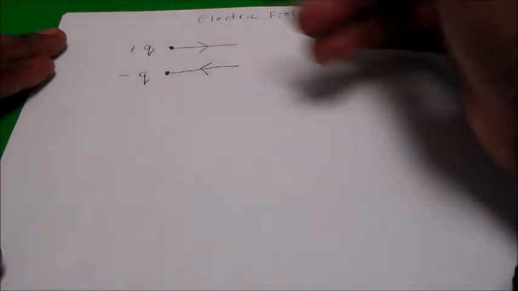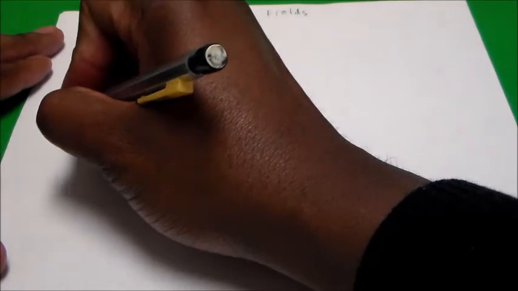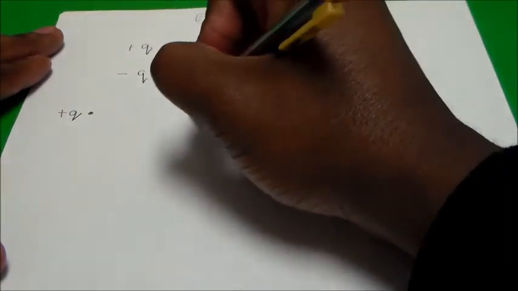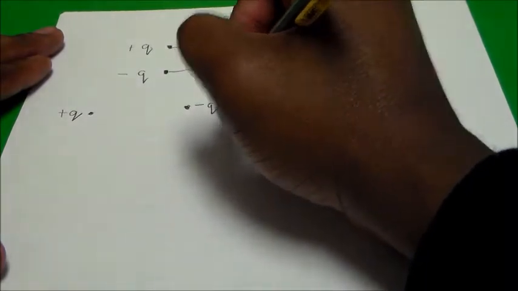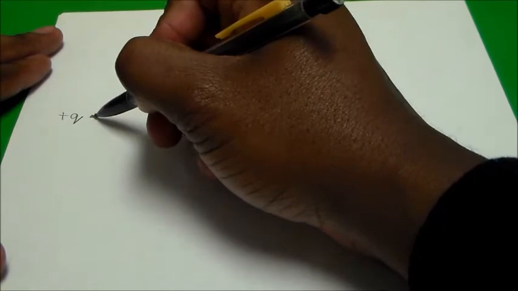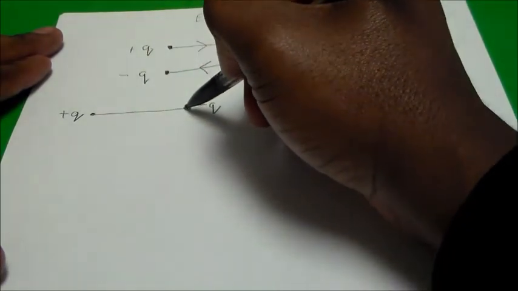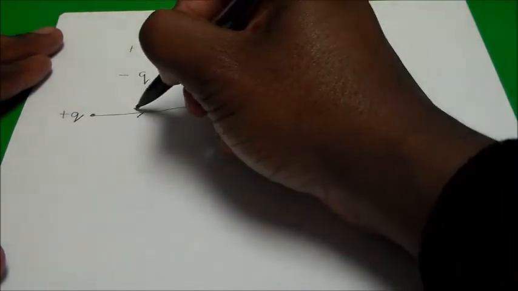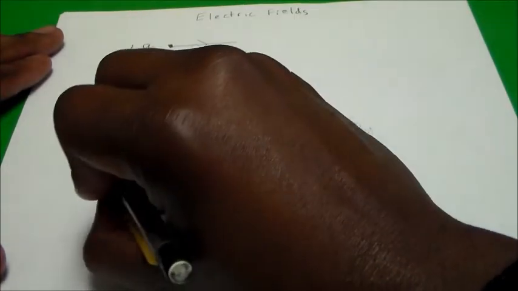If we have two different charges, let's say a positive Q charge and a negative Q charge, there would be field lines that go from the positive charge over to the negative charge. So the field line would point from positive to negative.